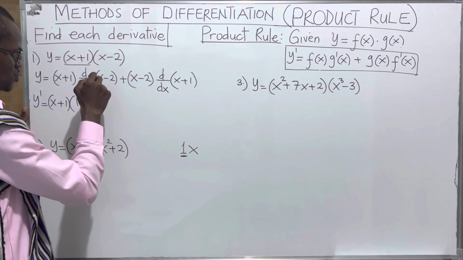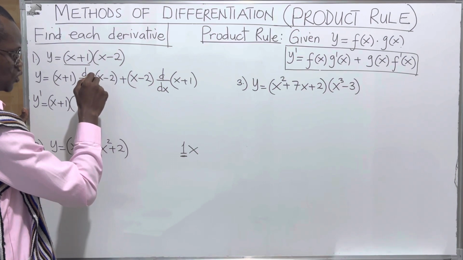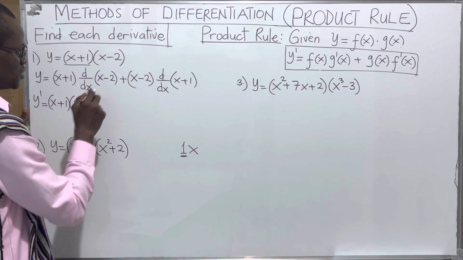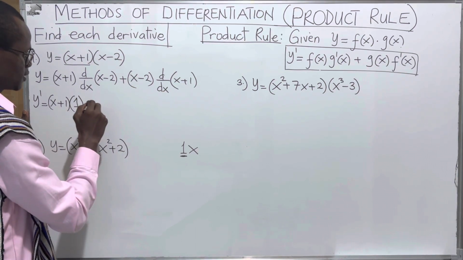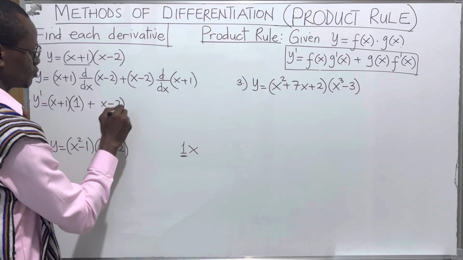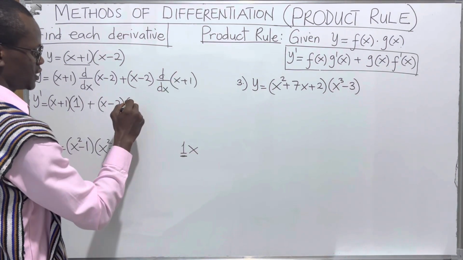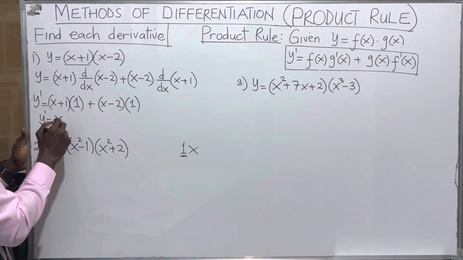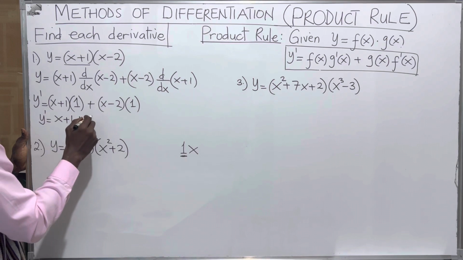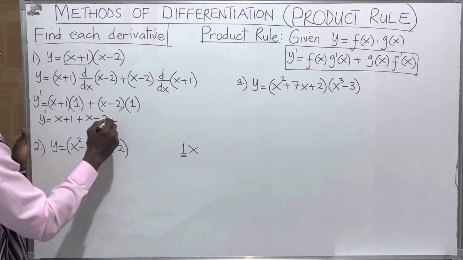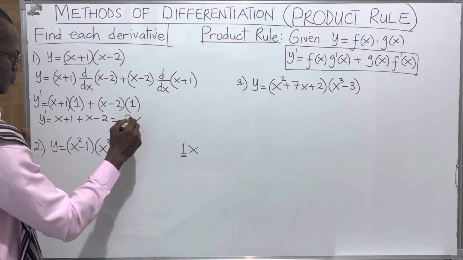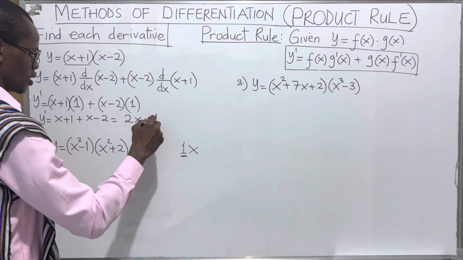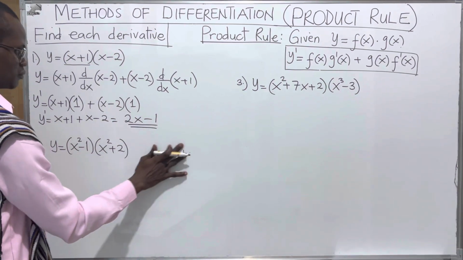The coefficient here is 1, so the derivative of x is just 1. The derivative of a constant goes to 0. Plus, you rewrite x minus 2, and the derivative of x is just 1. So if we simplify, y prime is equal to x plus 1 plus x minus 2. So x plus x is 2x, then 1 minus 2 is minus 1. So this is our derivative.